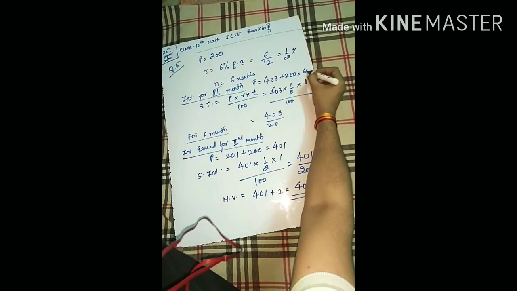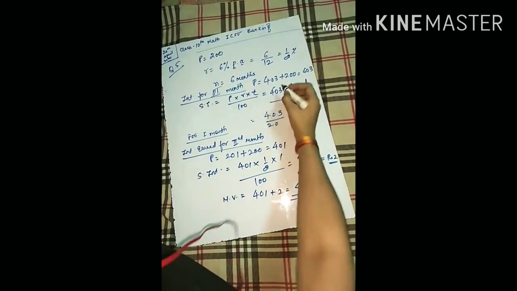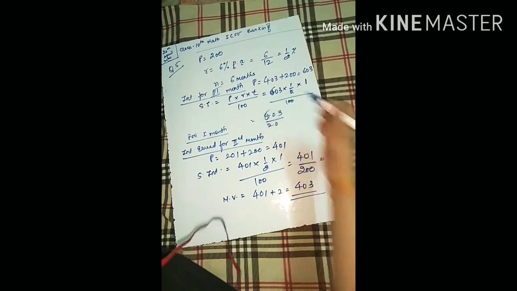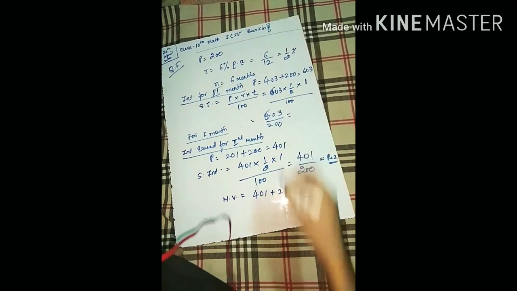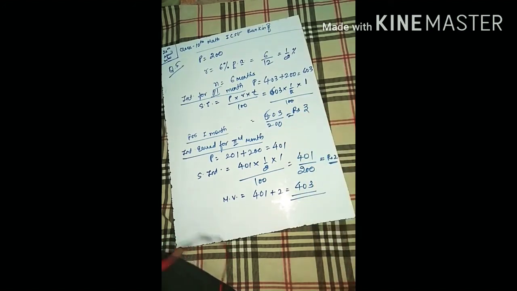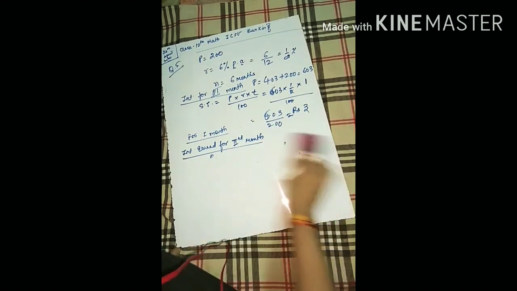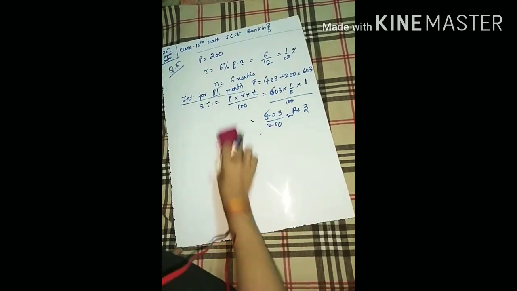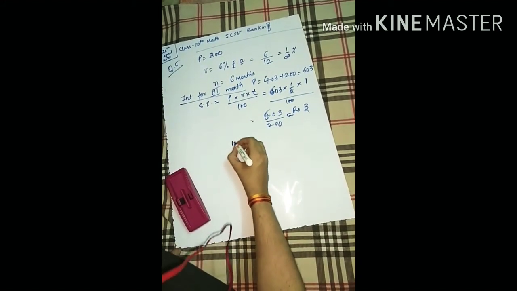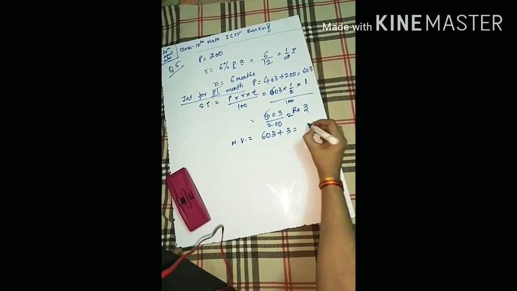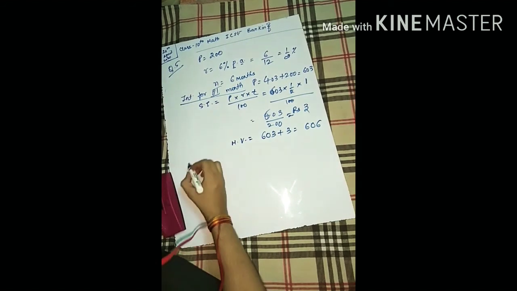So this is 603 into half. So this is 603 upon 200. From here you will get the answer approximately 3. Okay, so the maturity value will be 603 plus 3. This is 606.